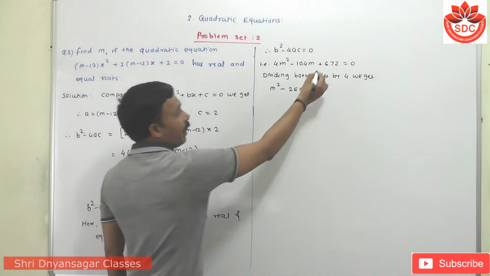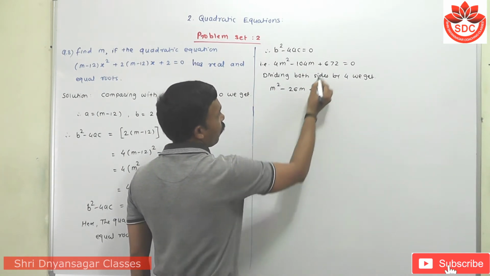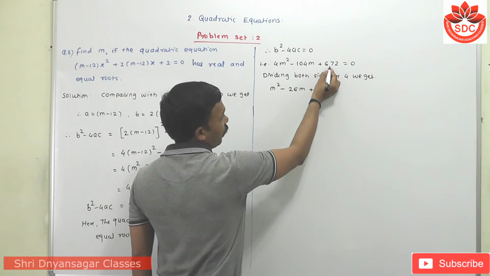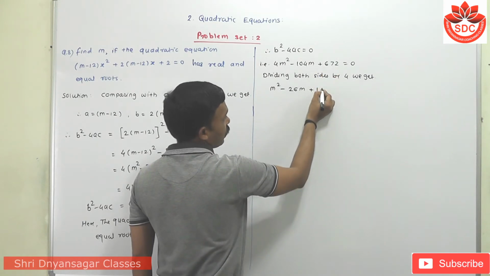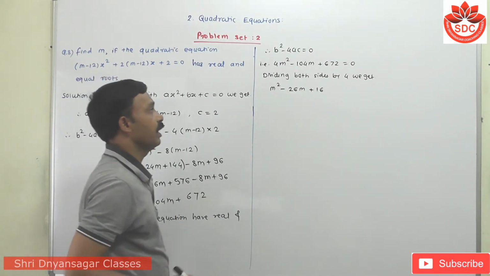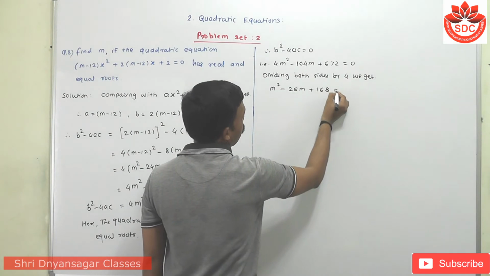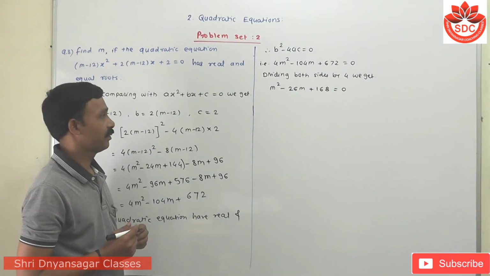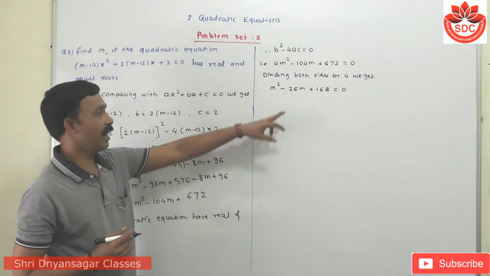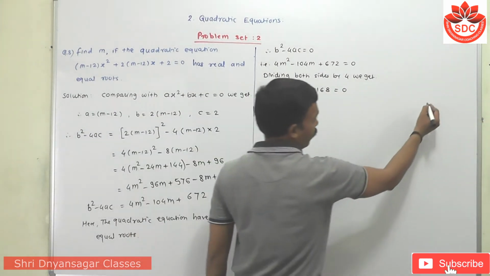Then divide it by 4, we get plus 4 1s are 4, remaining is 2. 27. 4 6s are 26, carries 3, in that 32. 4 8s is equal to how much? 0. For finding the factors of 168, we use this method.